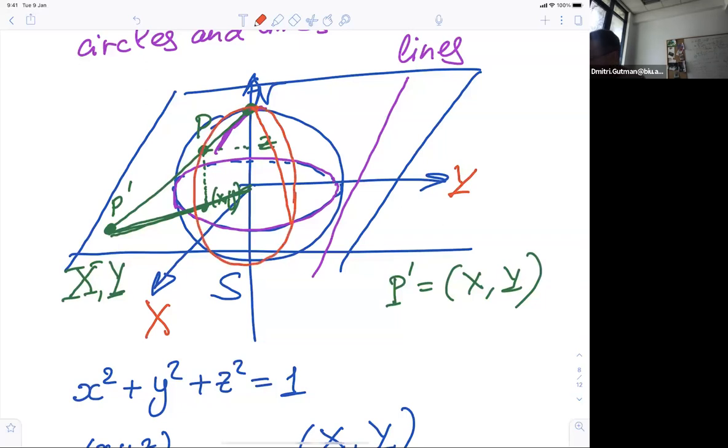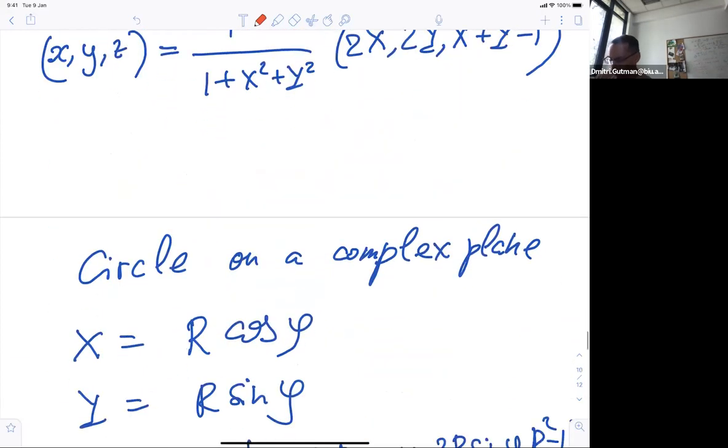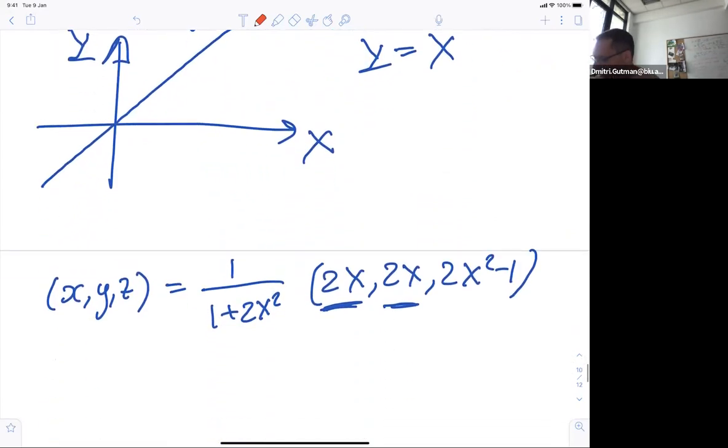It should be a circle that lies on the plane x equal to y. So I need to cross the Riemann sphere with a plane that goes like this, the plane x equal to y, and then I'm getting a circle again.